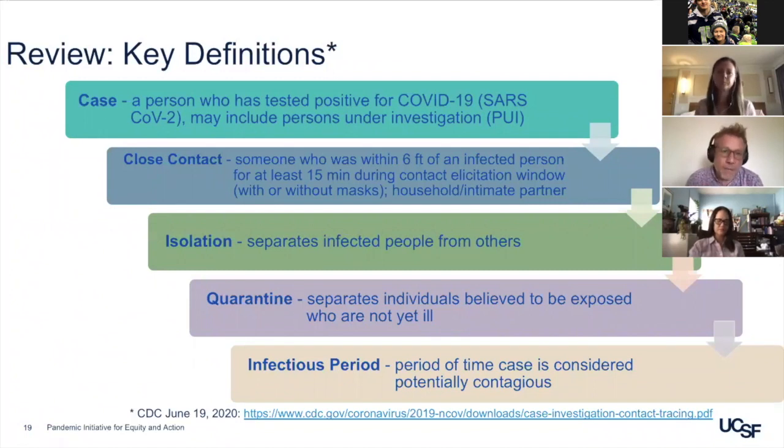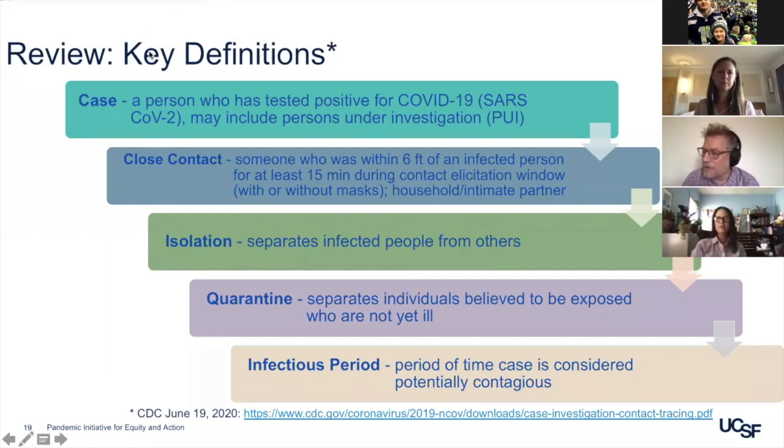We'll come back to this later, but we ask the cases to isolate. If they are confirmed to have COVID-19, we ask them to isolate in a space that will prevent them from transmitting the virus to their close contacts, work colleagues, etc. And then we ask the contacts, those individuals that haven't been confirmed to have COVID, but may well go on to develop COVID based on their close proximity with a case, to quarantine.